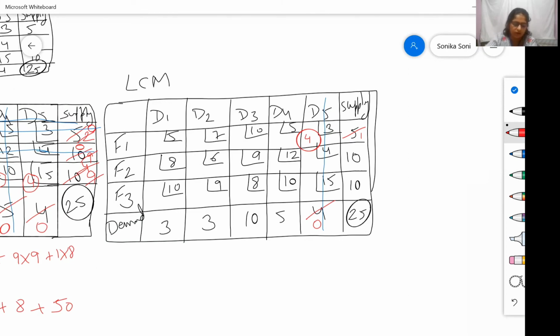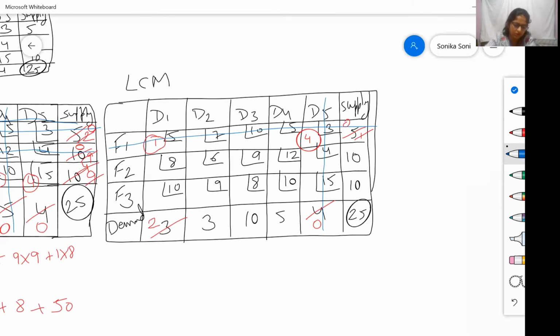We would have taken F1D4 and allocated 4 there if we had supply as 4. Now as we have 1 as supply, we can take any one. So I will take F1D1 and allocate 1 there. So this demand becomes 2, and here supply becomes 0. So the F1 row is cancelled out.